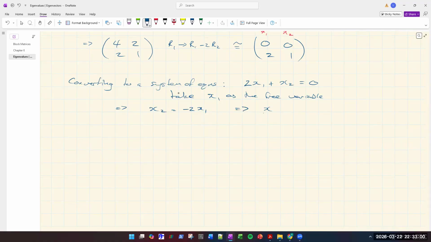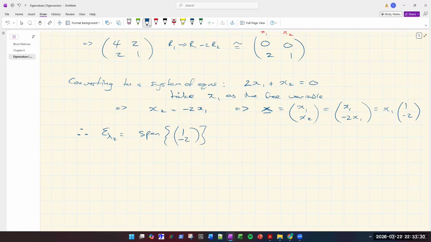So the vector x is equal to x1, x2, which is x1 and x2 was minus 2x1, which is x1 times 1, minus 2. Therefore, the eigenspace corresponding to lambda 2 is the span of, right? So this is the short way to do it, 1, minus 2.